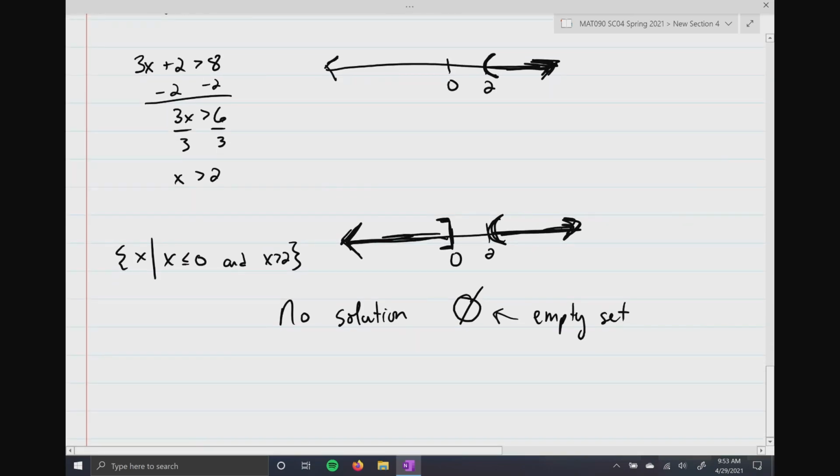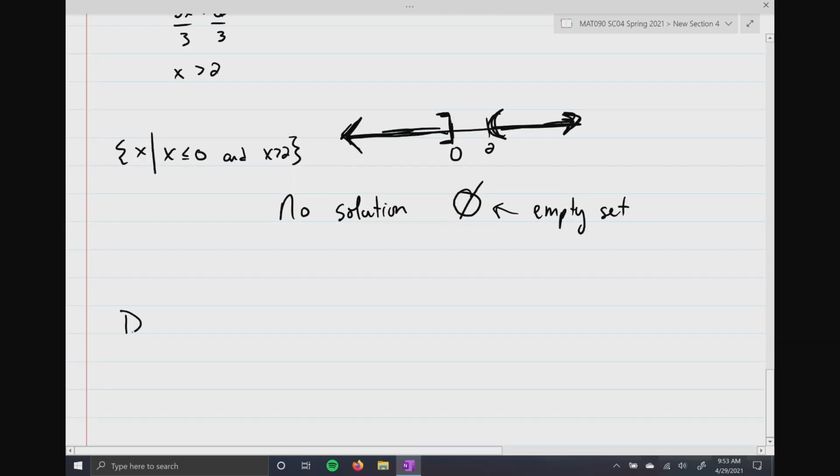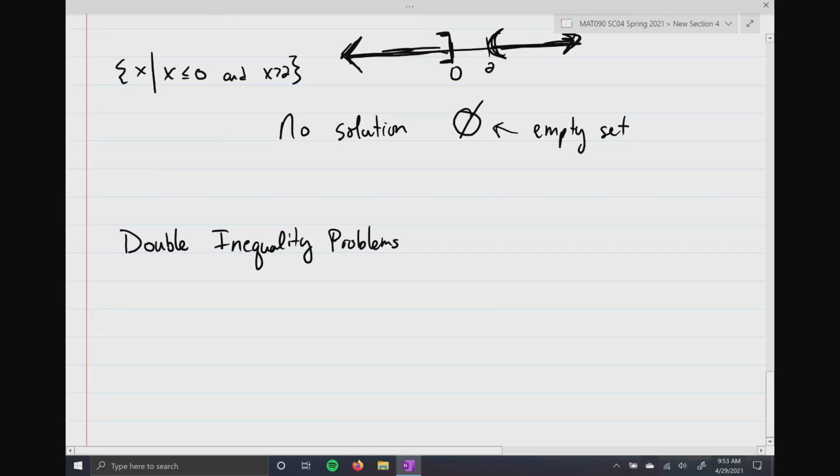Let's look at this type of problem now. Okay? So we have these types of problems, and they're called double inequalities. A double inequality is exactly what it sounds like.